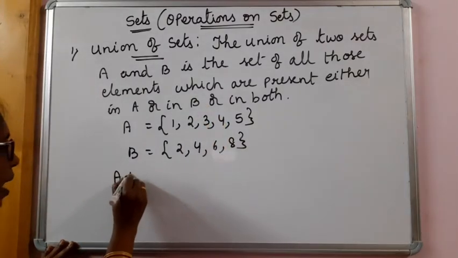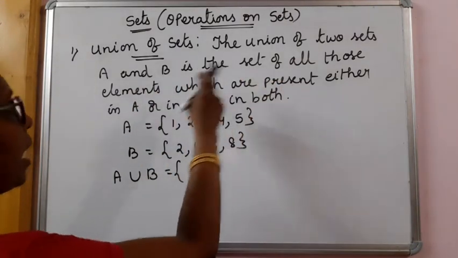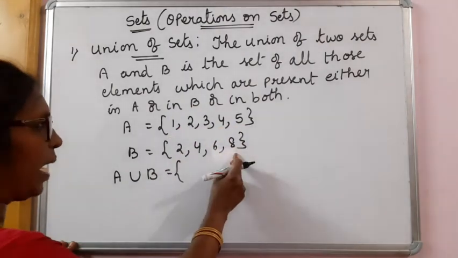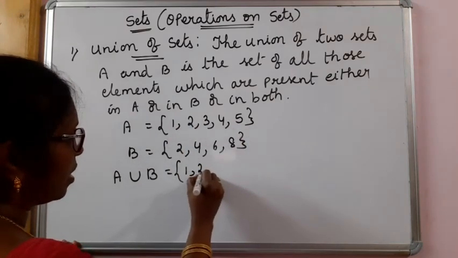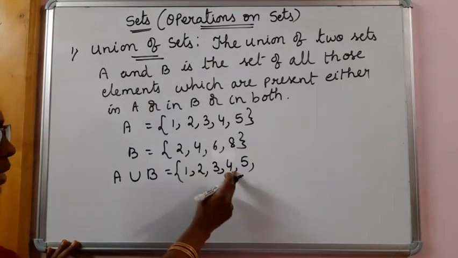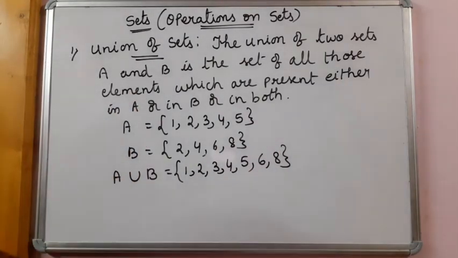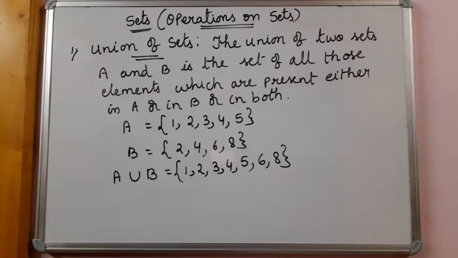Then A union B, written A ∪ B, means the elements which are present either in A or in B or in both. That means 1, 2, 3, 4, 5, then 2 and 4 are already written, and 6, 8.